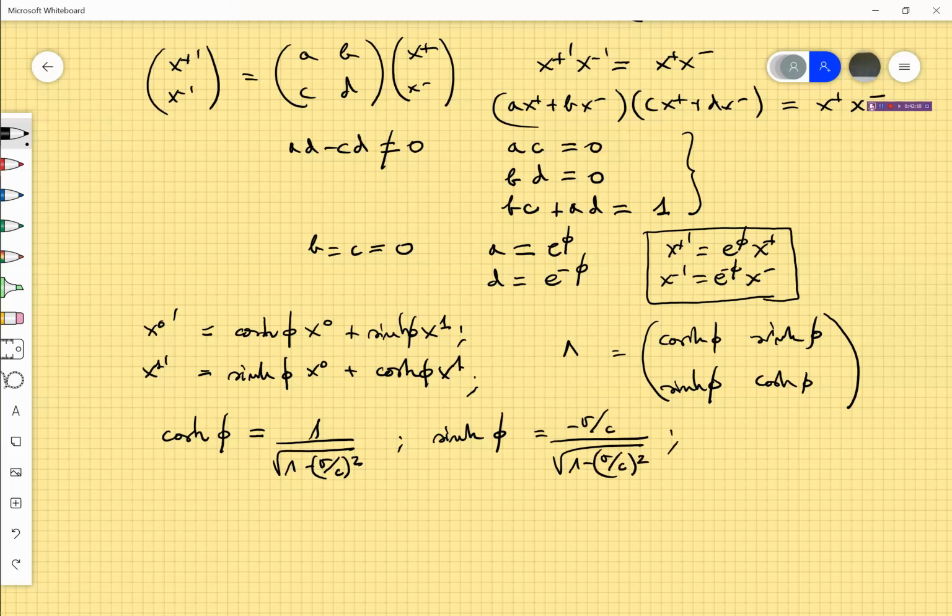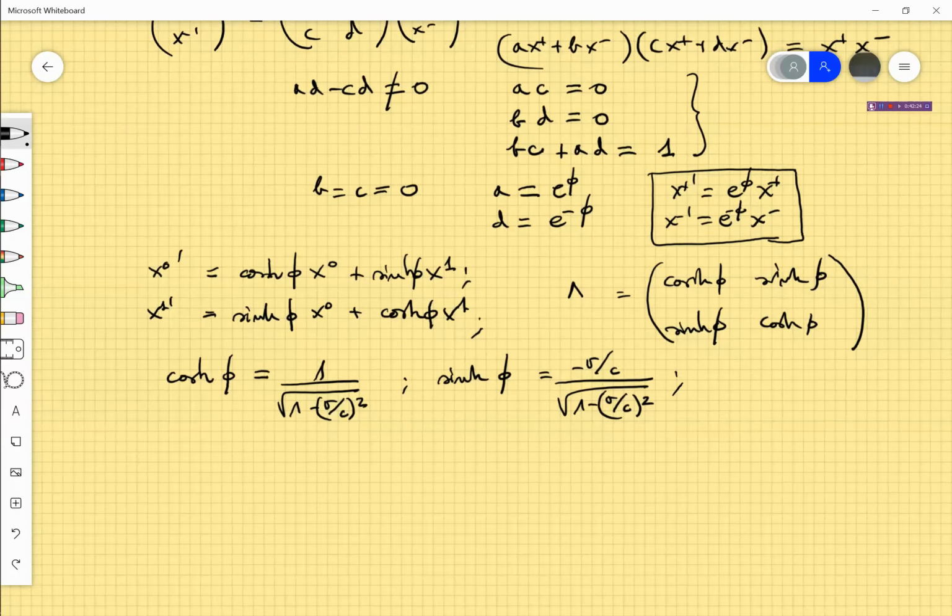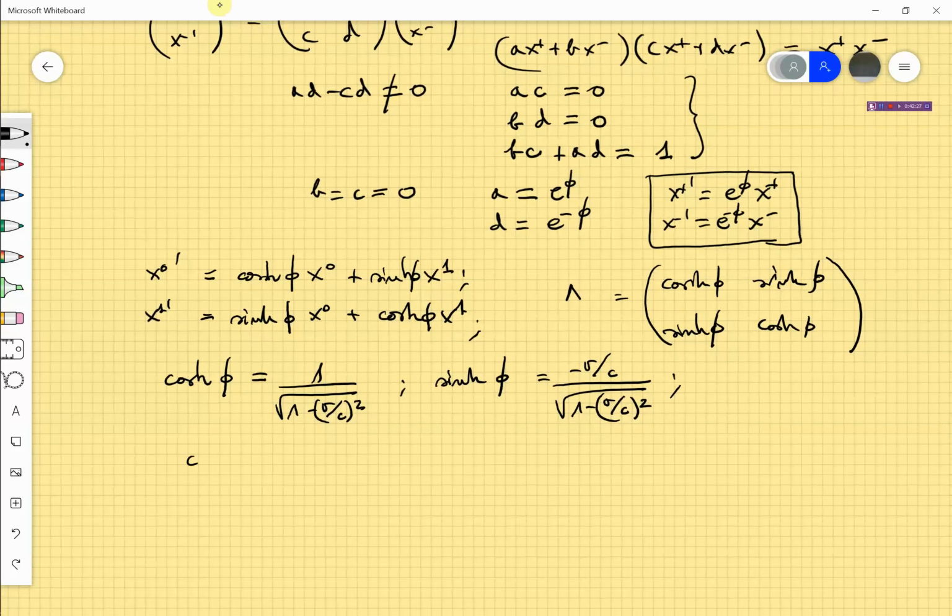That this 1 over the square root of 1 minus v squared over c squared is really the hyperbolic cosine of phi, and that this is a hyperbolic sine of some phi, you can check by checking the fundamental property that the hyperbolic cosine of phi squared minus the hyperbolic sine of phi squared is equal to 1, which is trivial.